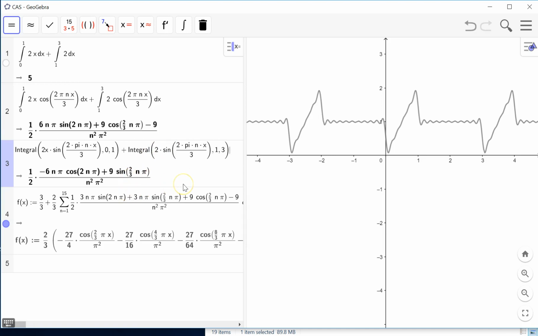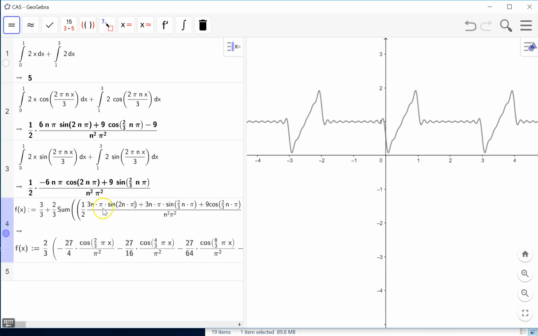And then I need to go back here to the sum, and I need to change a couple of things. I need to change this to a 5, because that's our new constant.